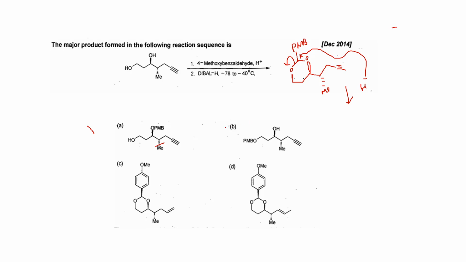So option A will be our correct product because of the attack here. So PMB will be attached to this oxygen group only. So option A will be our correct product.